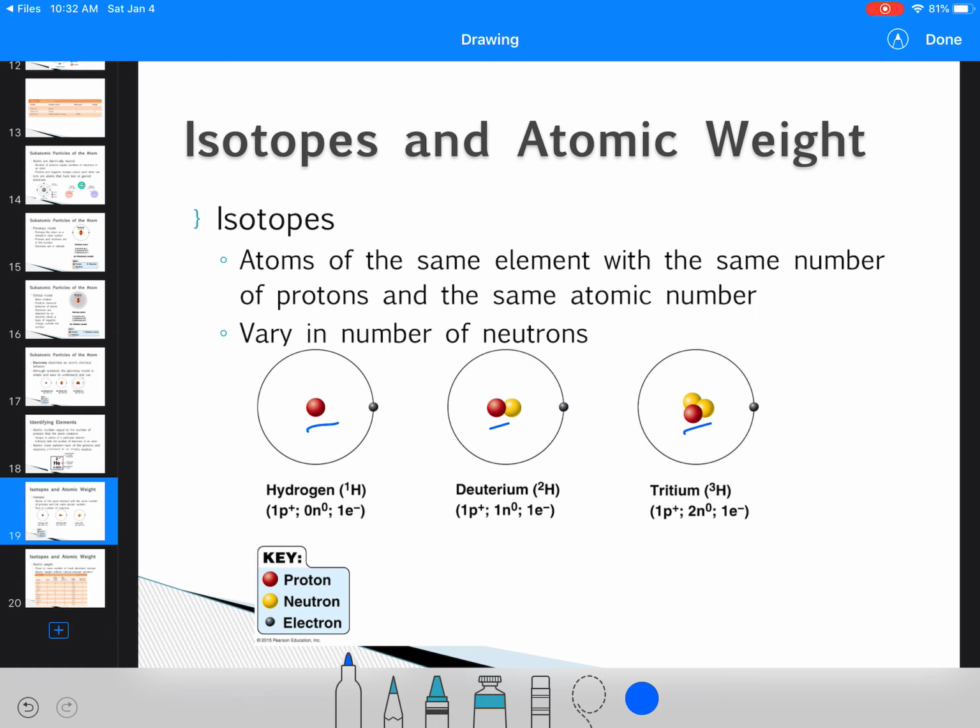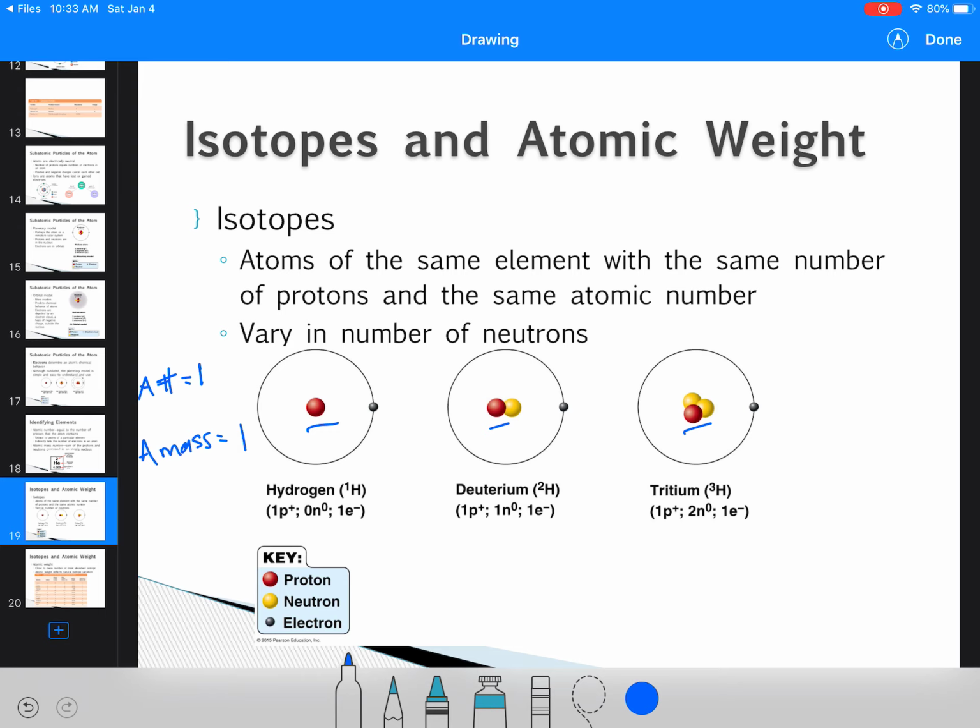So the atomic number of this first isotope is going to be 1, right, because we have 1 proton. All right, so that's the atomic number. And the atomic mass is also going to be 1 because we don't have any neutrons to add into that, right? So the atomic mass of this is 1.